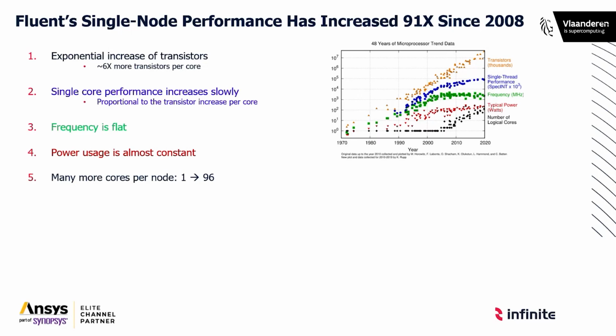On top of that, we see that the clock speed of these processors has flattened, mainly due to thermal limitations. That's also what we see in the power usage, which has flattened out.